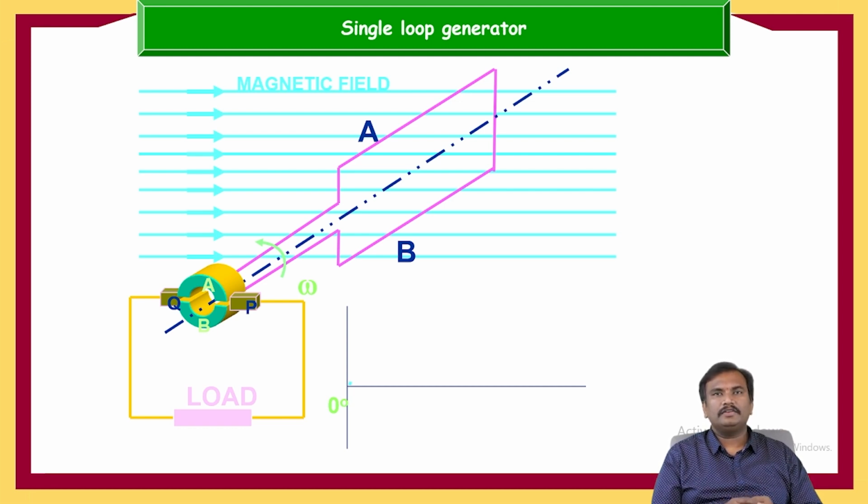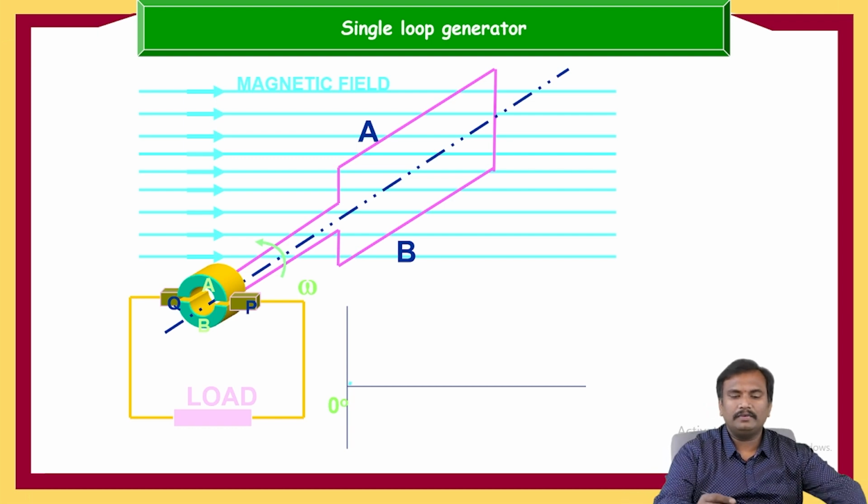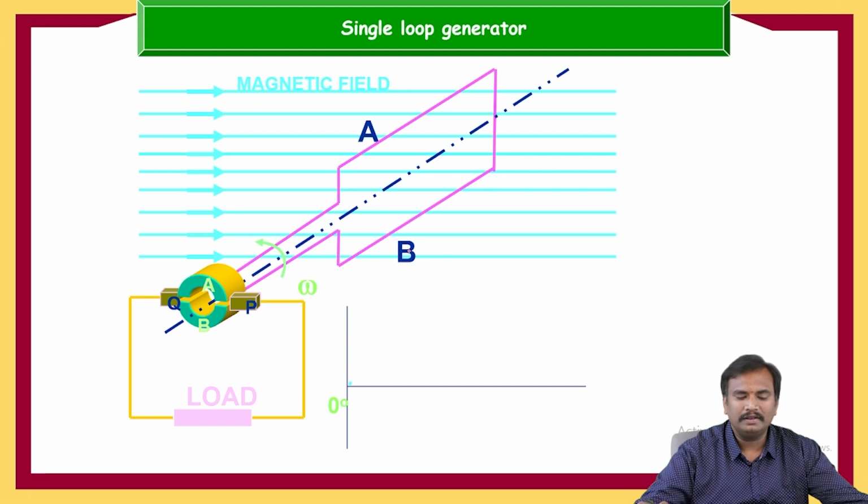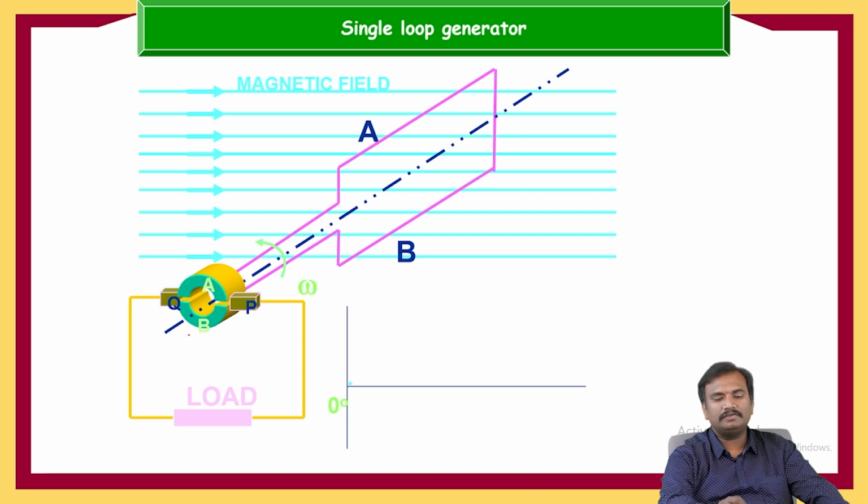Here we are taking two conductors, conductor A and conductor B, and conductor A is connected to slip rings A and slip ring B. These two will form one coil.